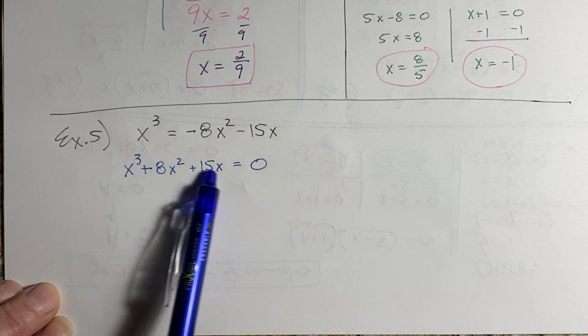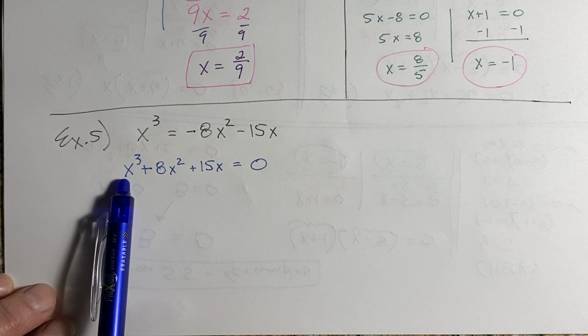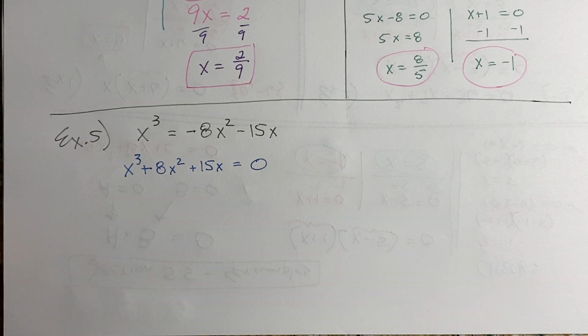Now we're going to factor this. Looking for your greatest common factor first and taking it out. So x cubed plus 8x squared plus 15x. Greatest common factor, x. Take it out.